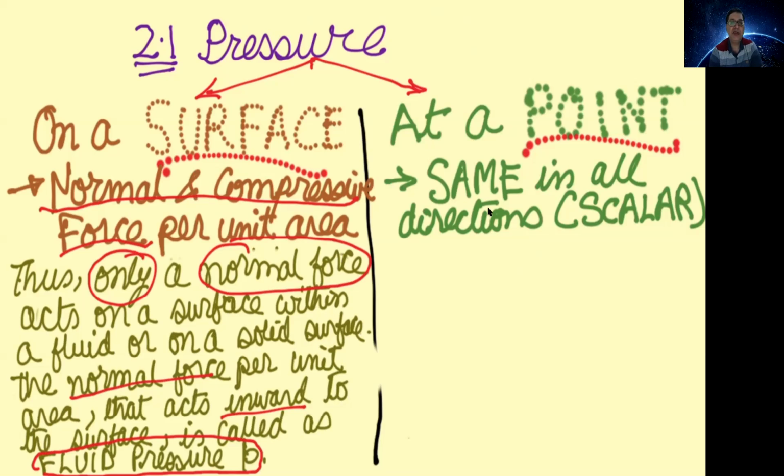So this is a justification that in a stationary fluid, you cannot have a shear force. The only possibility is a normal force, and that too acts inward to a surface. Now I will demonstrate the application of the pressure on a fluid surface as well as a solid surface.